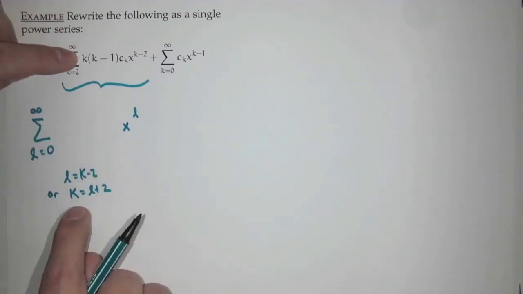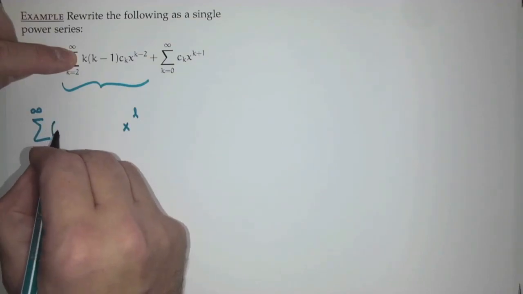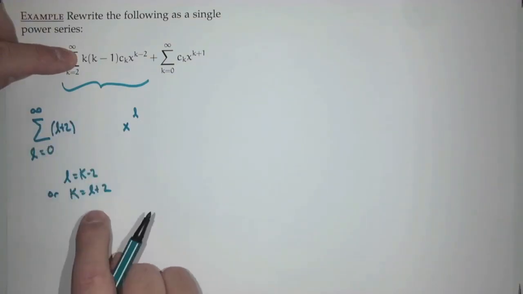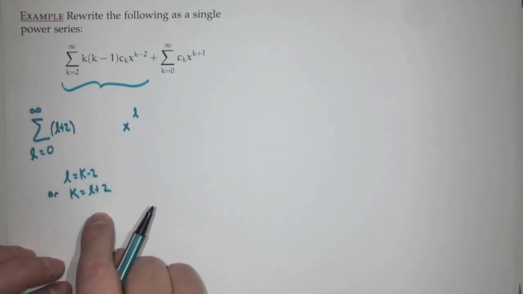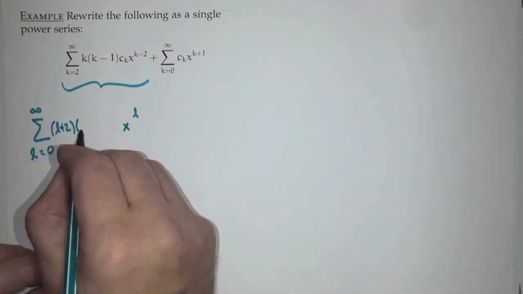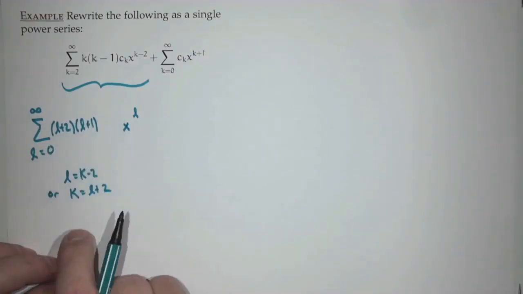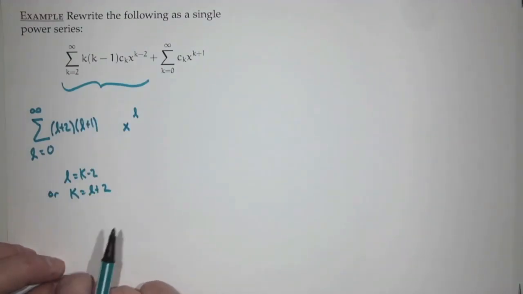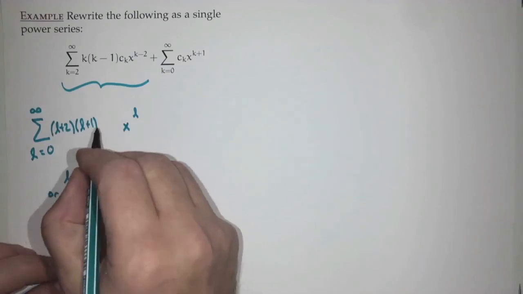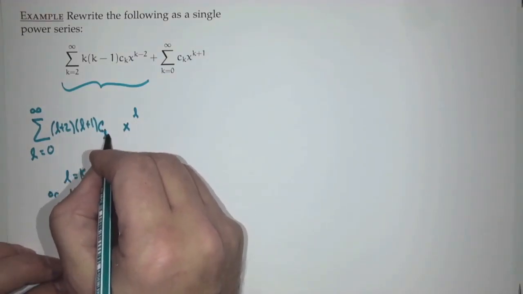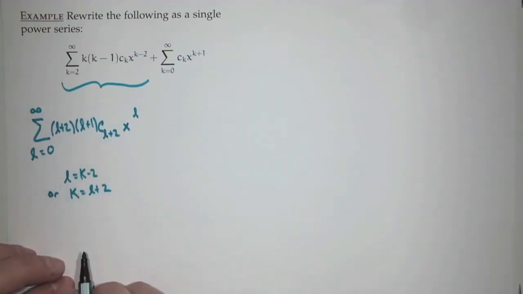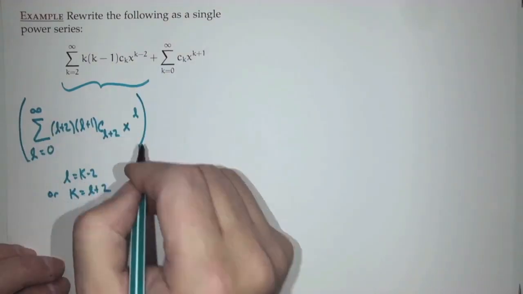K is L plus 2. K minus 1 is what? L plus 1. You can think of it as L plus 2 minus 1. C sub k will be what? C sub L plus 2. Okay, so that's the first sum.